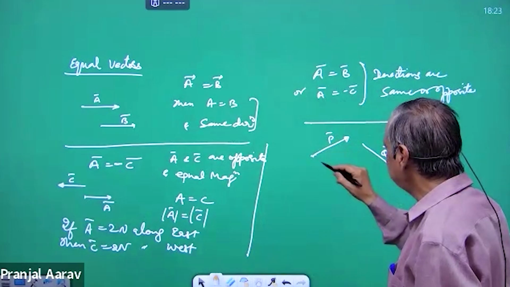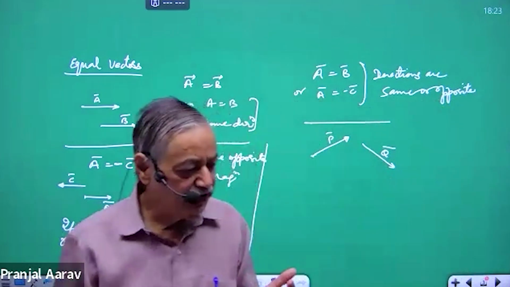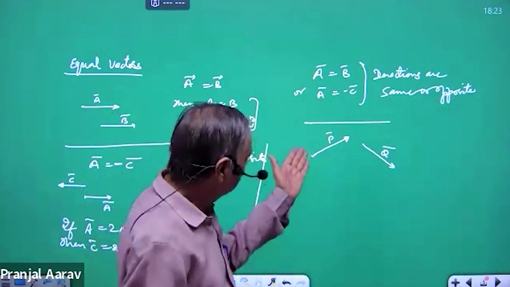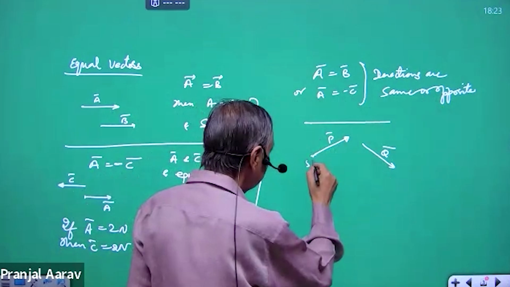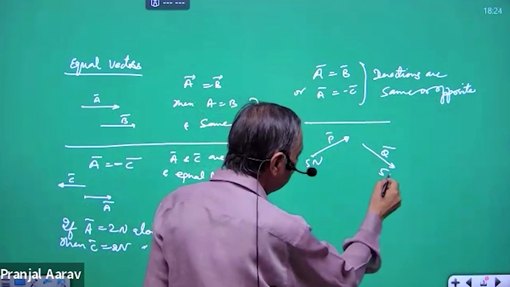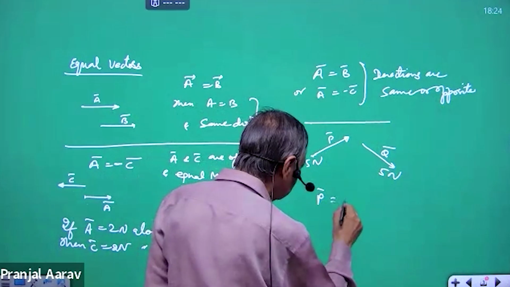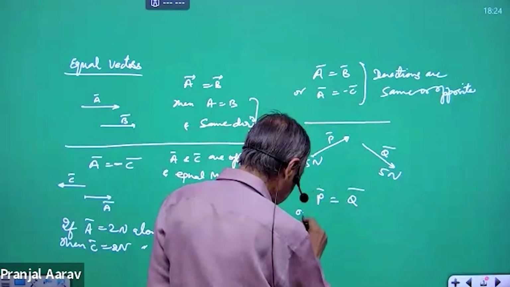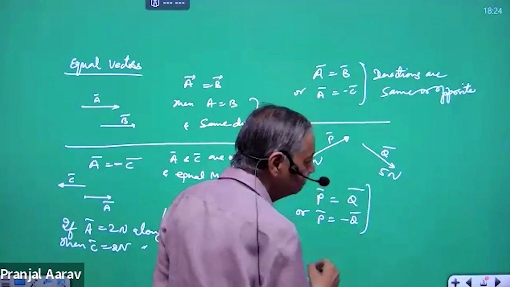Say P is 5 Newton and Q is also 5 Newton. These quantities are force. Suppose I am showing you here, this is 5 Newton, this is 5 Newton. Can I write P is equal to Q or P is equal to minus Q? Can I write like this? No, sir.